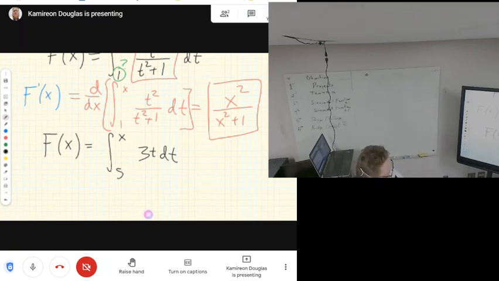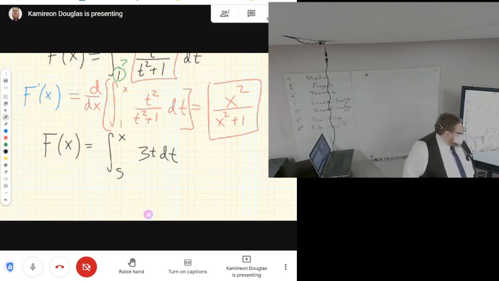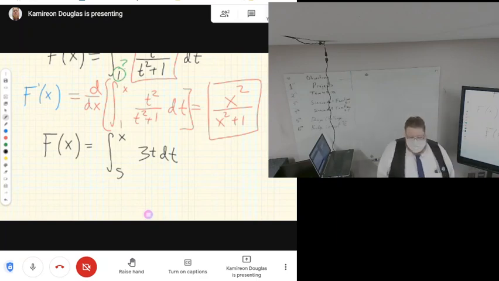So what I'm going to do is attempt to integrate this function. Before trying to find f prime, I'm going to actually apply the integral. I'm going to get a new function, where we plug in x and 5. And afterwards, we'll look at f prime.